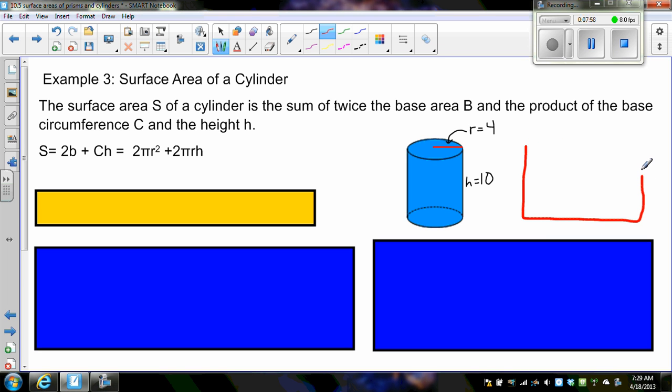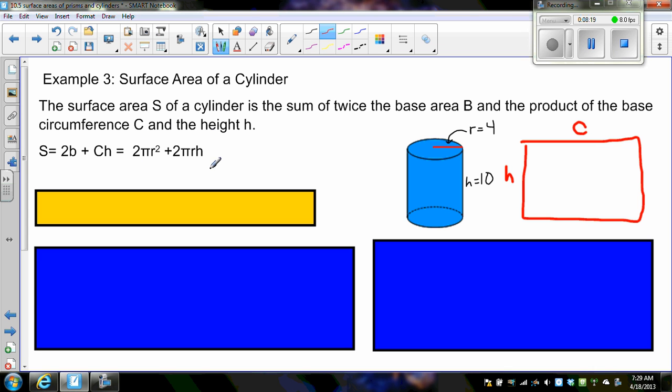So the area of this lateral surface is the height times the circumference of the circle. So here you can see we have 2 times the base, which are the circles here, plus the circumference times the height.